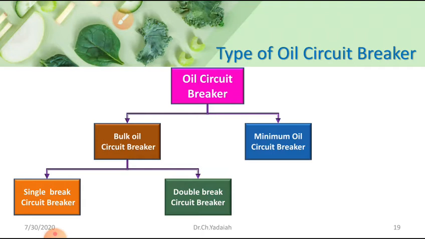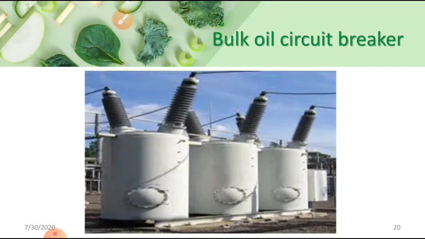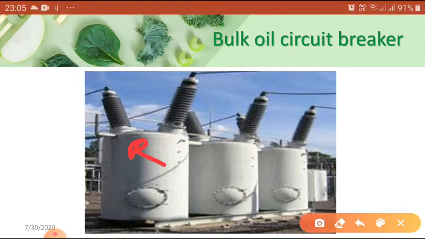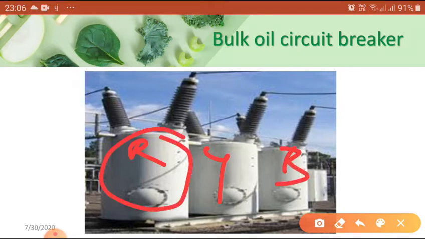You can see the size of each phase. Here you can observe this is the R phase, this is the Y phase, and this is the B phase. You can see how much oil is inside, and if maintenance is required, how much oil we have to replace. The maintenance is also very high.